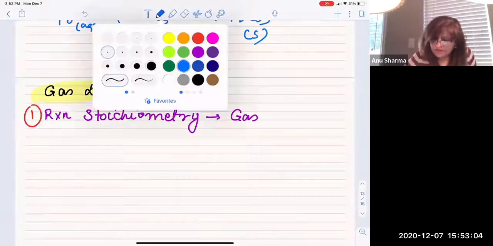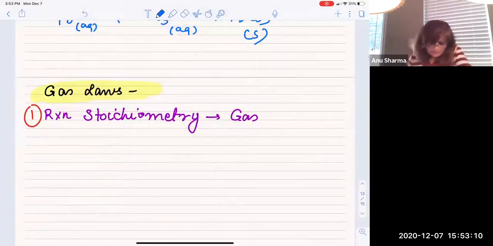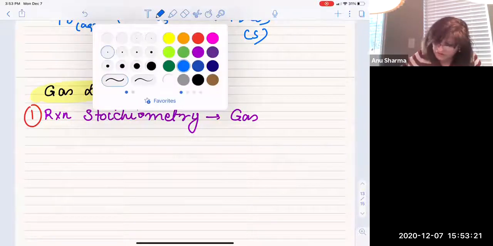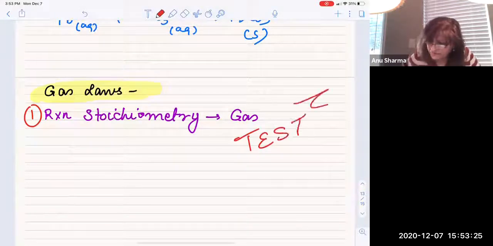We've done that earlier. Let's do one problem here so that you guys are not lost, because there is going to be a test on this again. Stoichiometry, all of them, test.